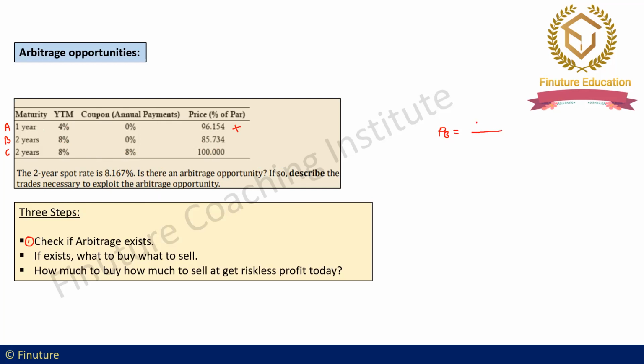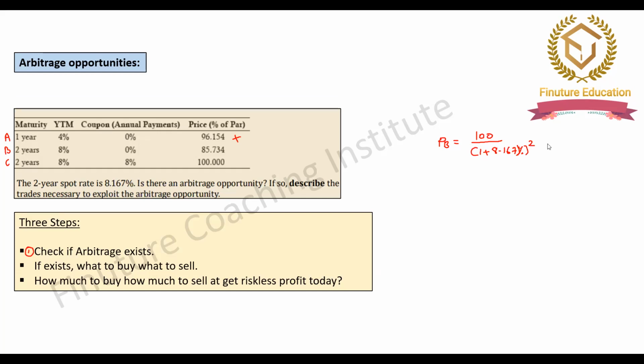So I'll just calculate. Par value is 100, and I'll see what the price is at a discounting rate of 8.167% for 2 years. Okay, so let's calculate this. It's coming to be 85.46936.